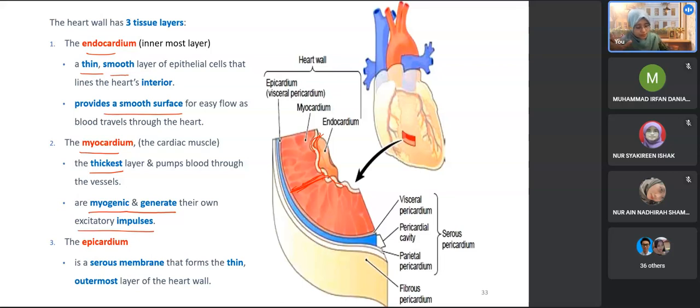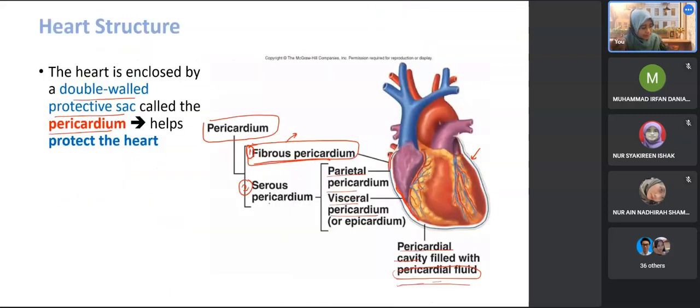Okay, and then the outer layer is the epicardium, which is part of the serous pericardium. The inner part of the pericardium, the sac, has a parietal layer and also a visceral layer. Visceral is also known as the epicardium.